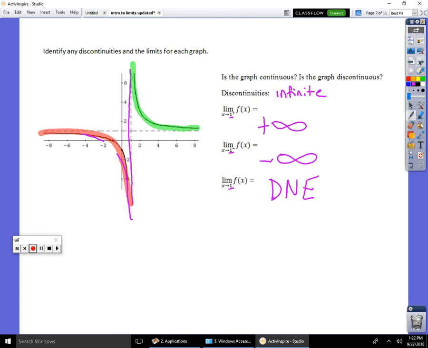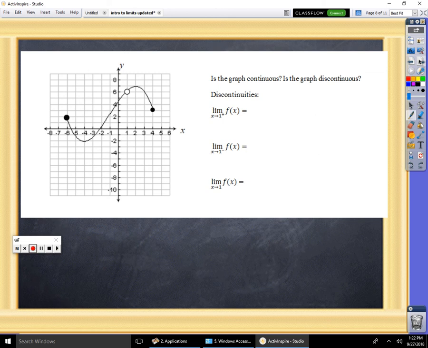All right. Okay, what type of discontinuity? Removable. Okay, where am I going to put my fence? At positive 1. Thank you. All right, let me go back. I have a green function. I have a red function. Okay, so positive.